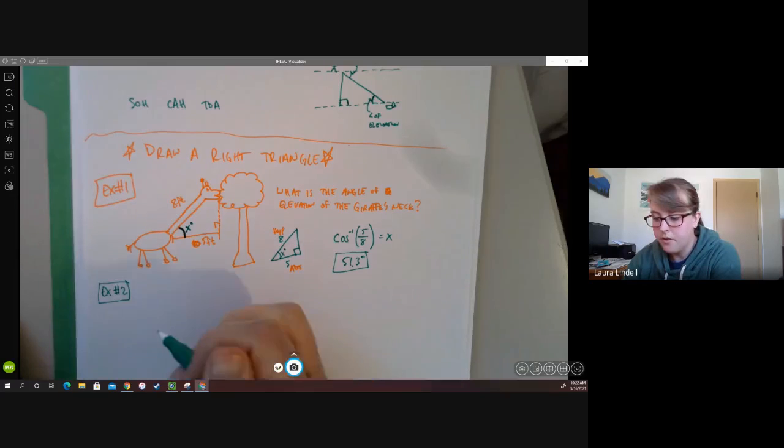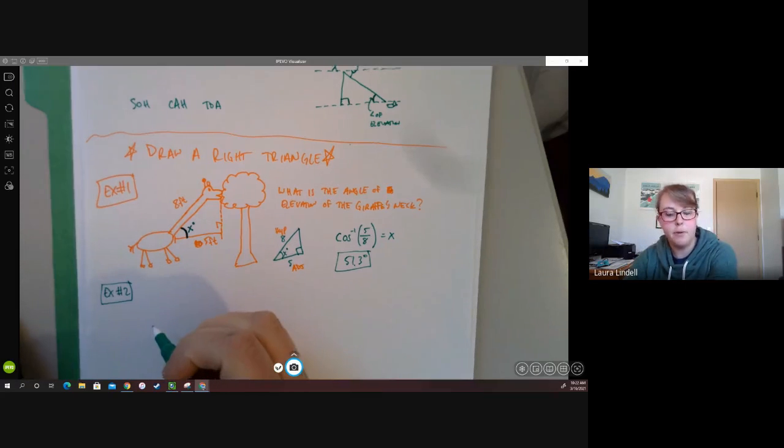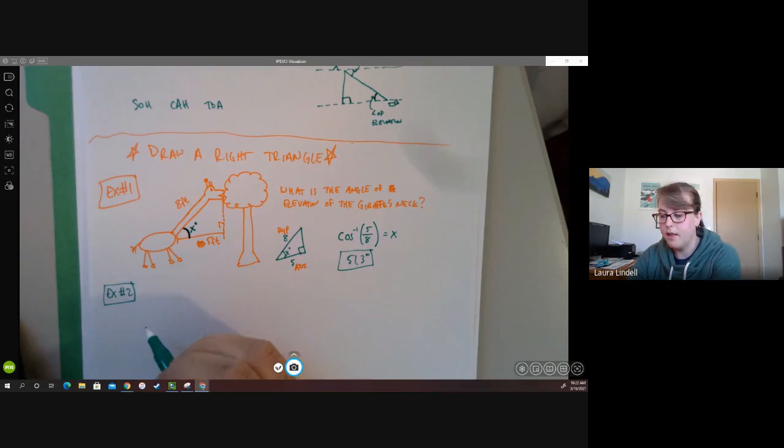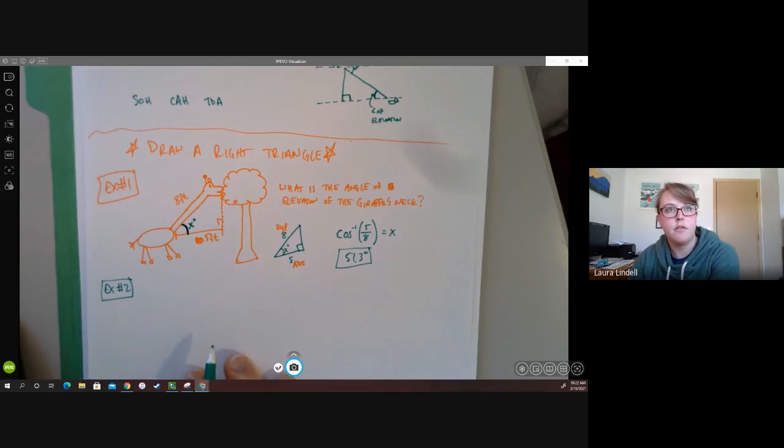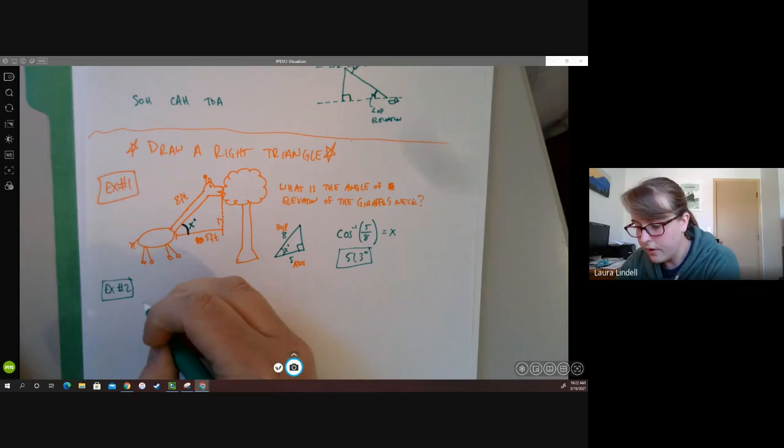Okay, so this will be another one where you guys get the picture. And then on the next one, we're going to do word problems where you'll have to draw a picture to go with it and kind of do the whole decoding of that. So for this one, we've got Spider-Man on a building.